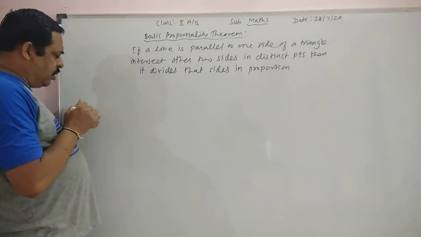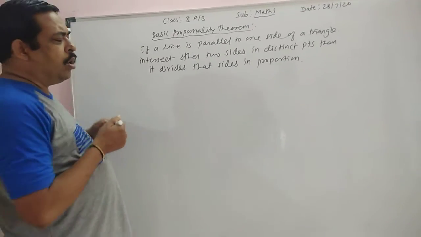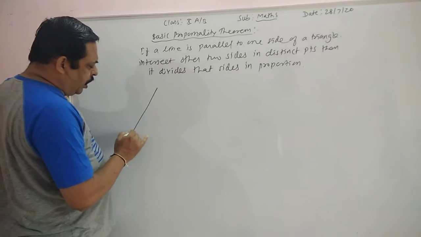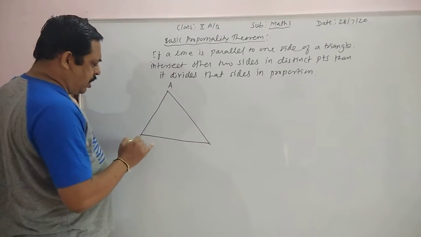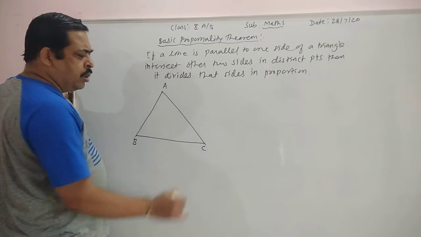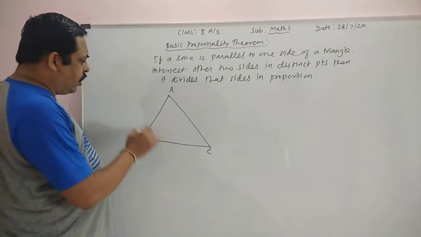According to this conditional statement, we draw the figure. ABC, this is the triangle we consider.